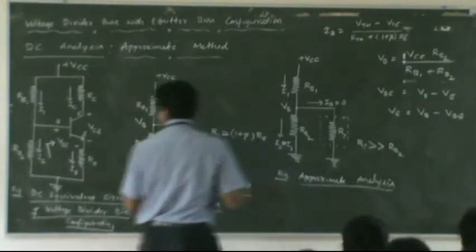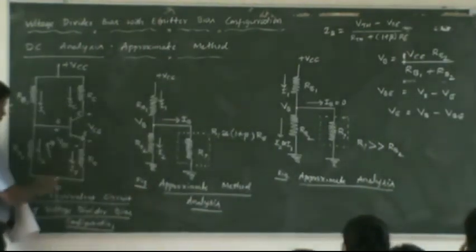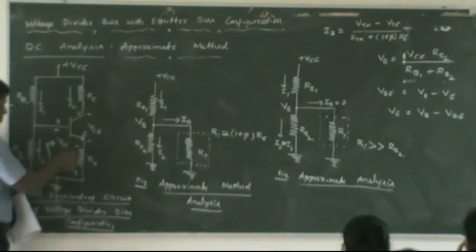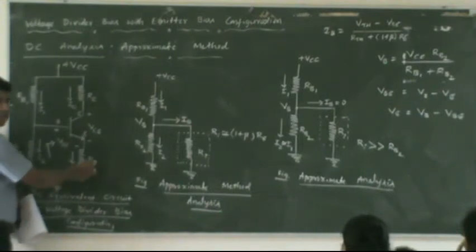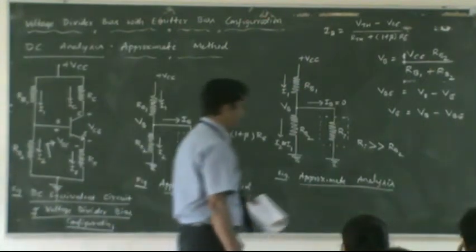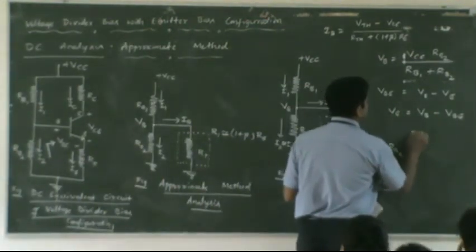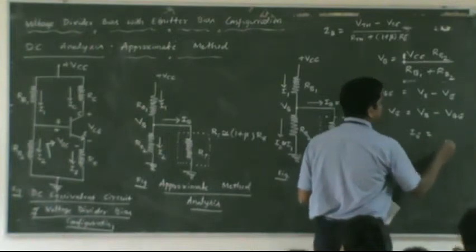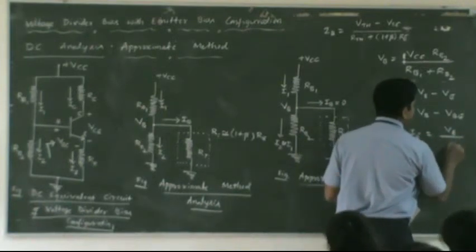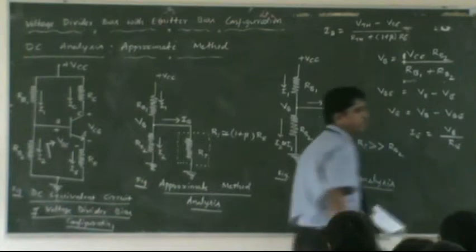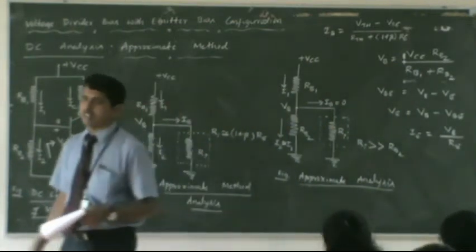It is the drop across this resistance, but the other end is grounded here. VE minus 0 divided by RE is equal to definitely IE times RE. I just want to calculate RE from this, or IE from this. The expression for emitter current is given by VE divided by RE. This is the expression for the emitter current.